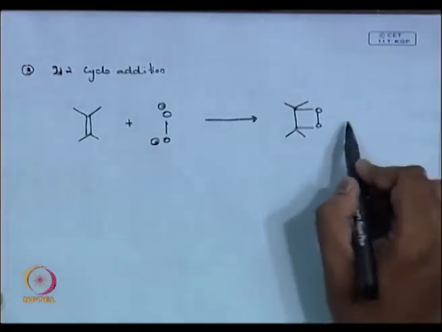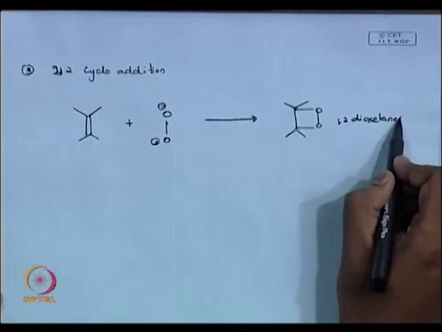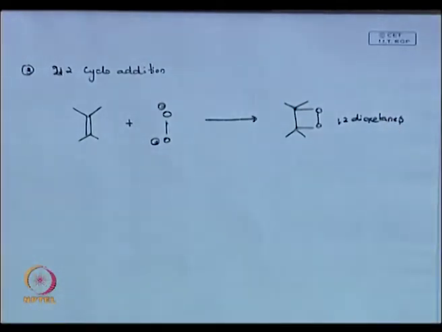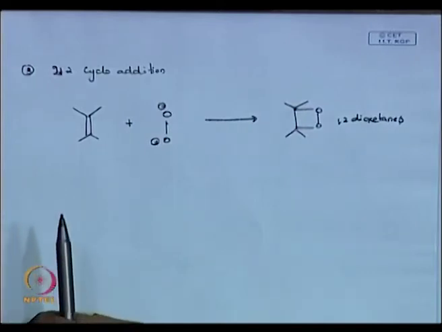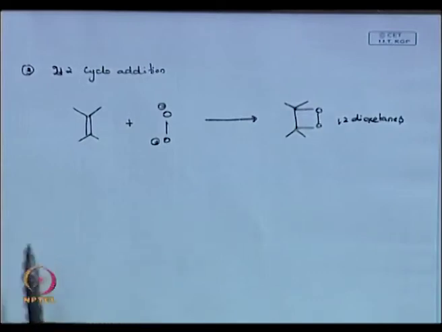You get 1,2-dioxetane molecules. Right. So you have studied basically 3 reactions of singlet oxygen: one is the ene reaction, another Diels-Alder, and another is 2 plus 2 cycloaddition.